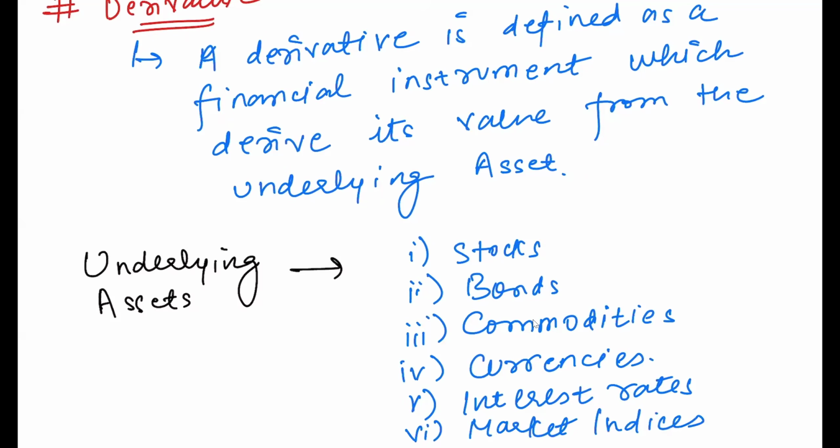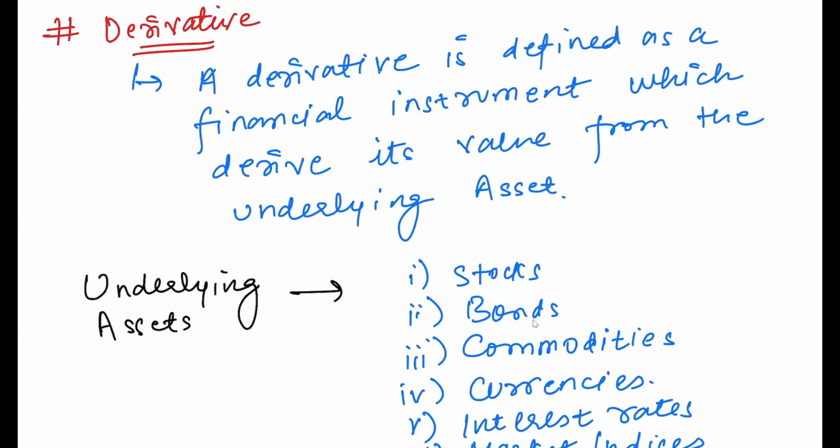So basically, a derivative is nothing but something deriving its value from an underlying asset.